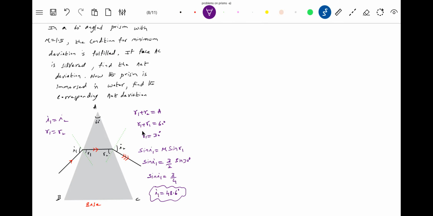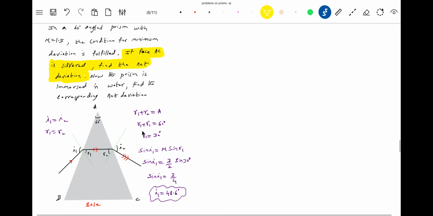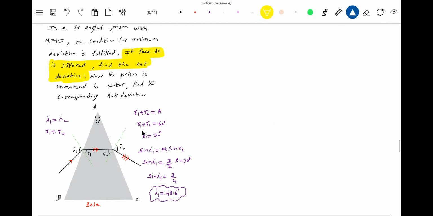Next it's asking: now if face AC is silvered, find the net deviation. This is one part of the question. If face AC is silvered, find the net deviation. Say under the same circumstance, only the face AC will be silvered.